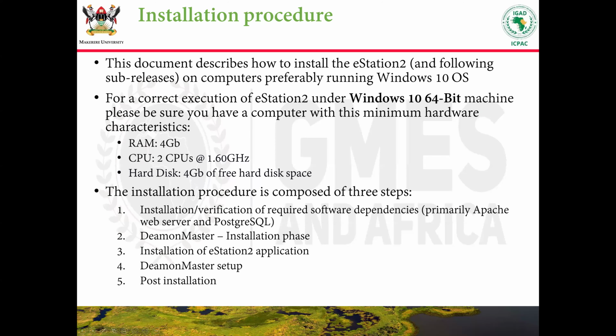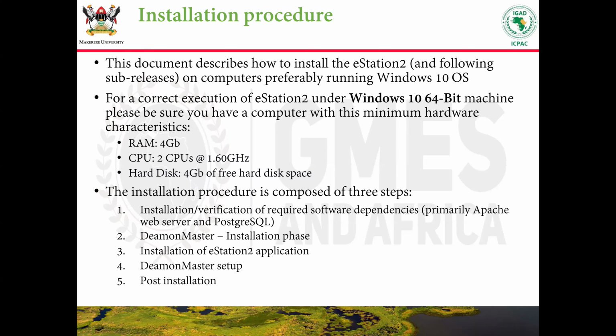Okay, so some of the things that you need to note on your computer before running the software installation is that you'll need a Windows computer. A Windows computer means it's running the Windows operating system.